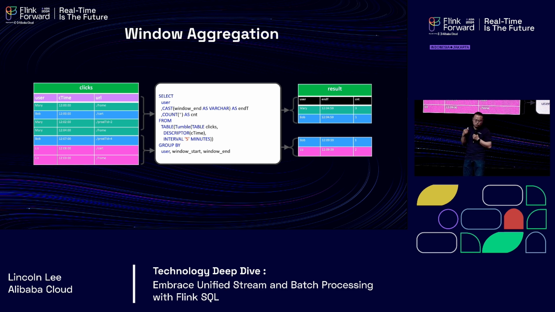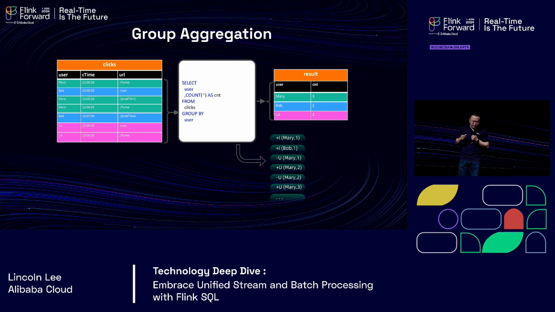So another choice is group aggregation. We use the same input table and do a similar calculation, but without the window, we use a normal unbounded group aggregation.